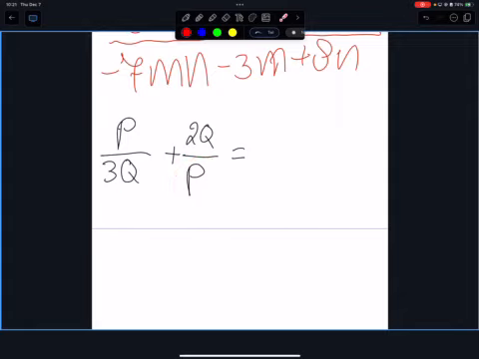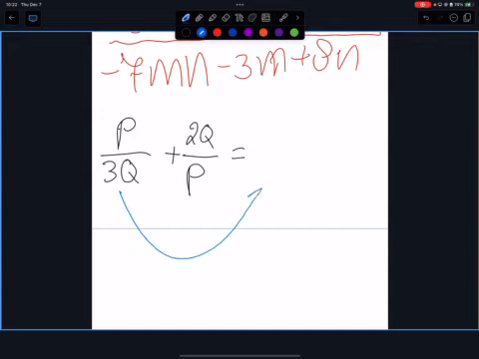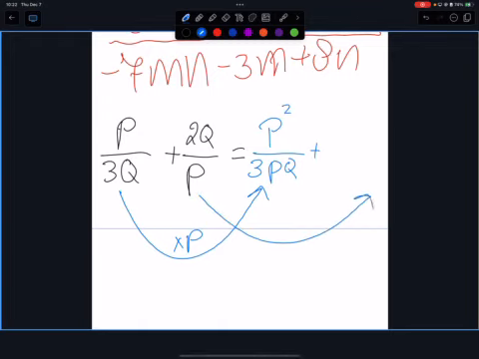And whatever you do to the denominator, you do to the numerator. So 3q gets multiplied with P becomes 3pq. P gets multiplied with P, P squared. Plus 6 P squared. P times P.